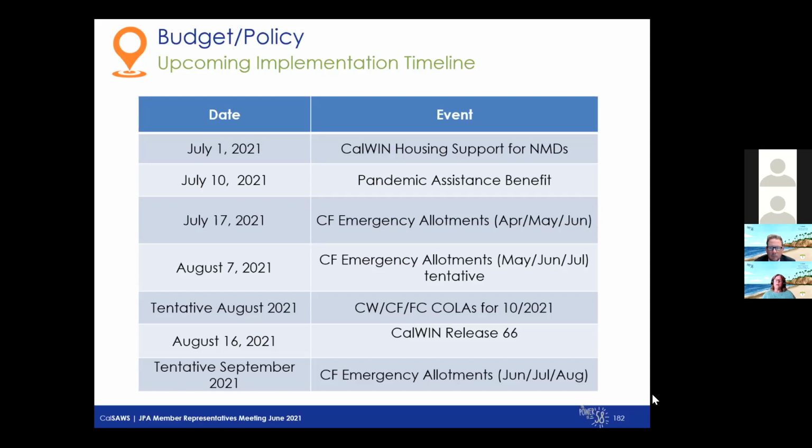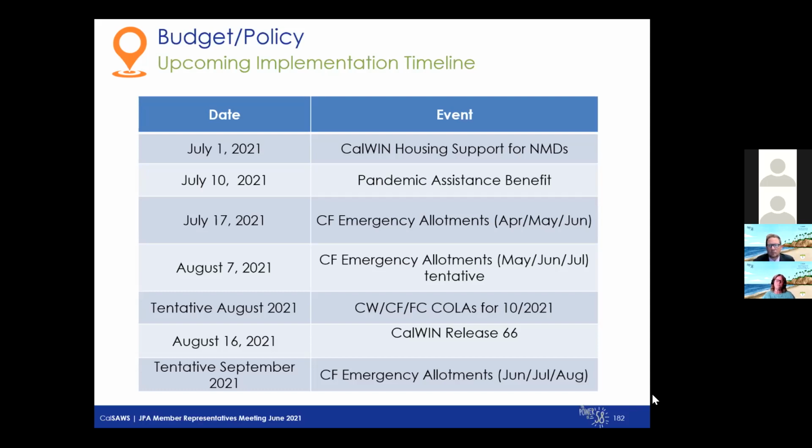In August, as was mentioned in the conversion update, if we can get the policy confirmed quickly enough, we are looking at being able to do the CalWorks, CalFresh, and foster care COLAs in August for October.